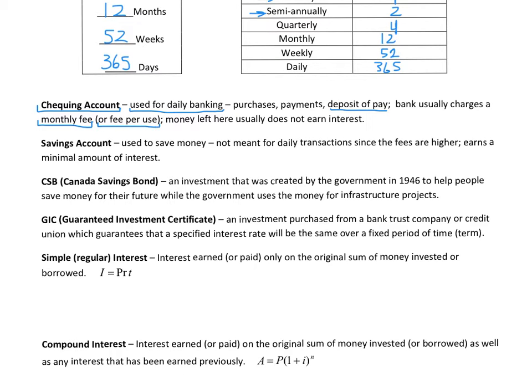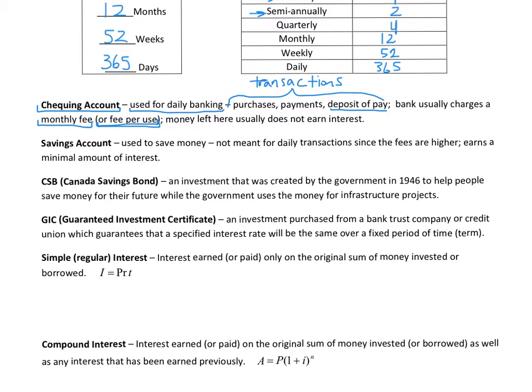So if you didn't use your debit very often, if you don't do a lot of these, what are called transactions, these are things that occur within your bank account. If you don't have a lot of transactions, you might go with a fee per use.